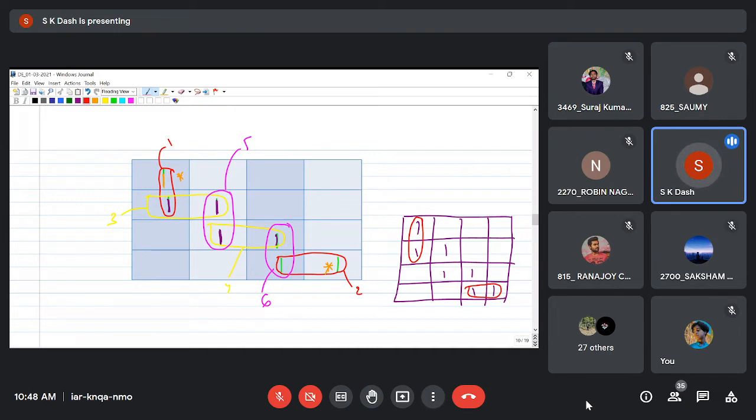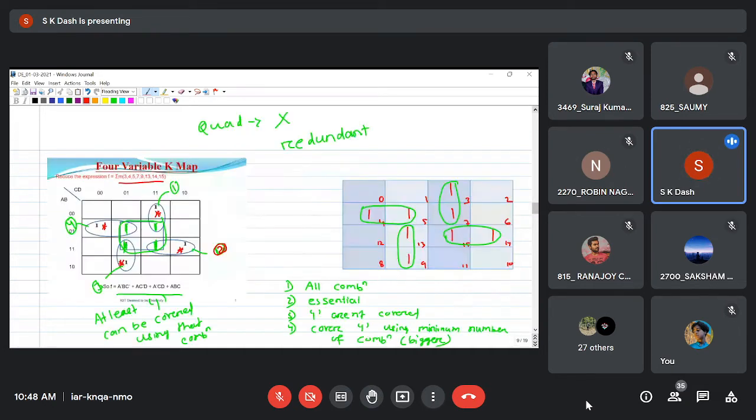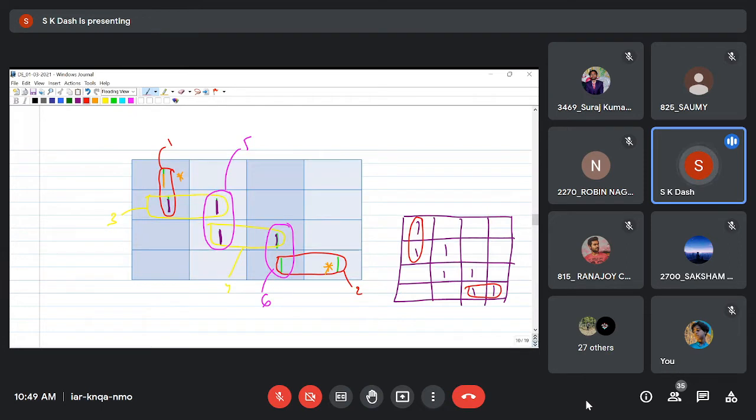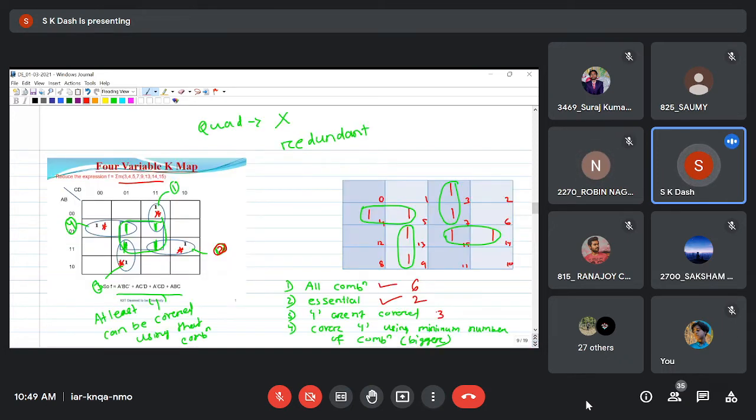So basically I am following this step only. First I find out all combinations. How many? 6 combinations. Then I find out essential ones. We got 2 essential. Then I need to check how many ones are not covered. 3 ones are not covered. So what is the next step?